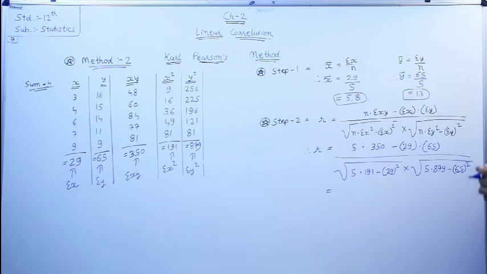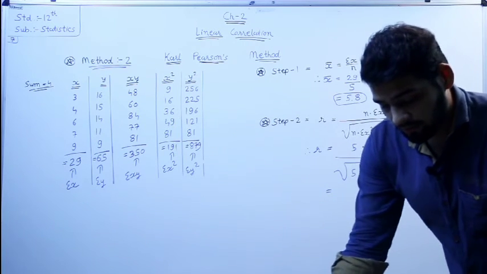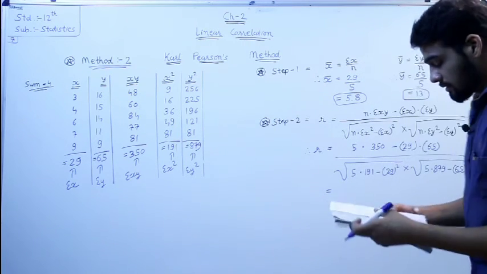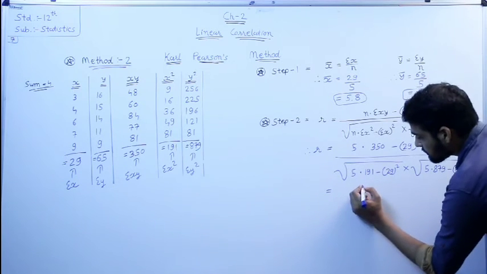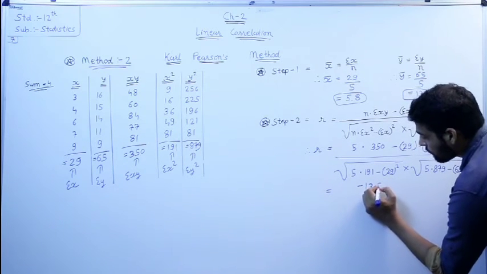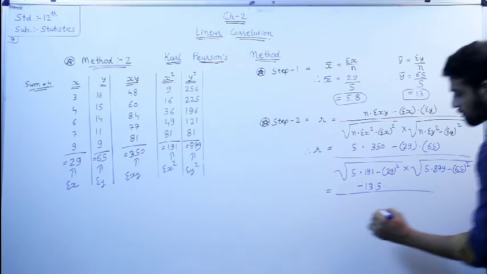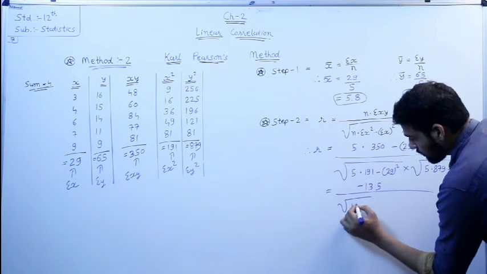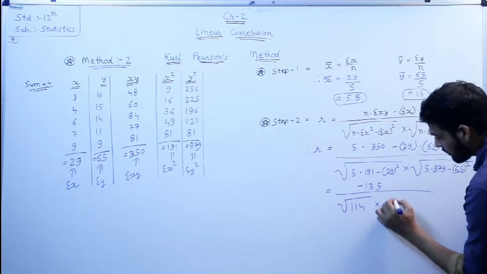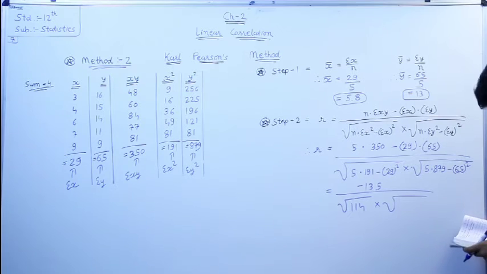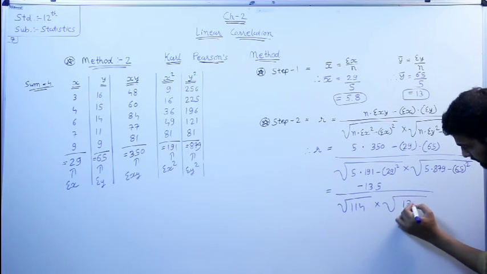So after simplification of the numerator we get the answer minus 135, and after simplification of the denominator it is under root 114 multiplied by under root 170.